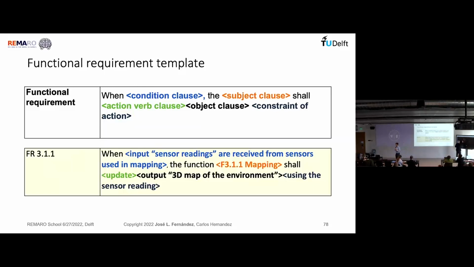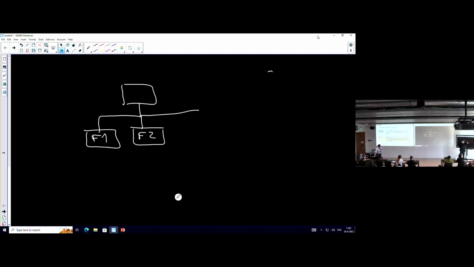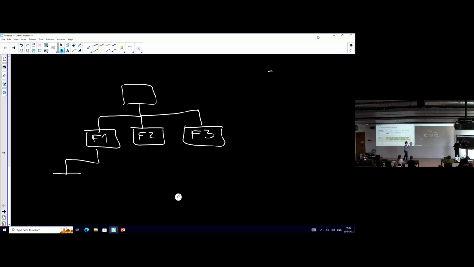You build the functional hierarchy. Okay? At each level, the functional requirement is the output of the function. If the function has 2 outputs, how many requirements? 2.